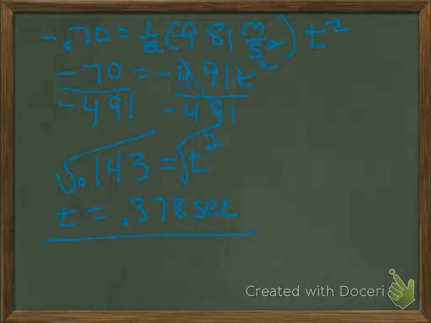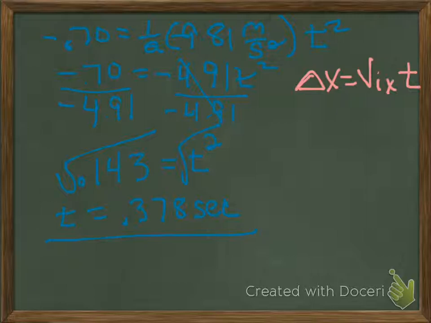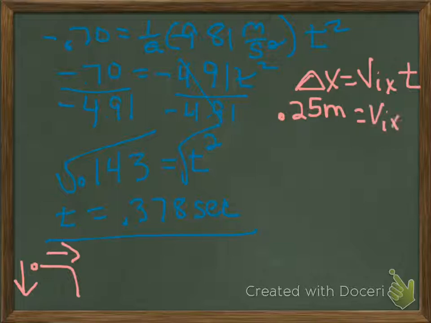Now that we have our time, we can go ahead and use the delta x equation, Vixt. So from the problem, my delta x was 0.25 meters, and since it rolled off the desk and down, my x direction is positive, equals Vix times your t.